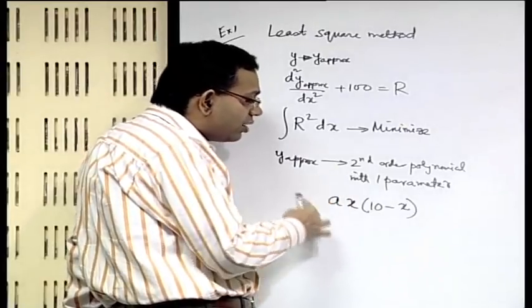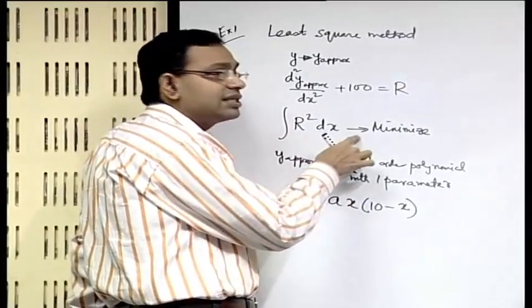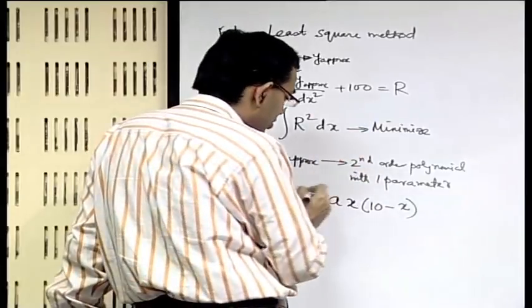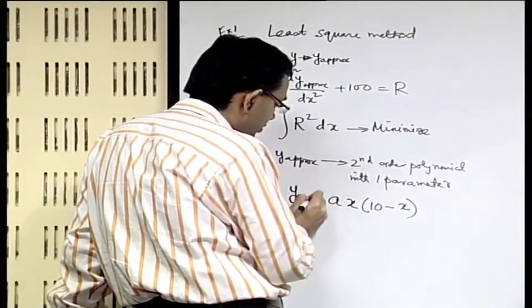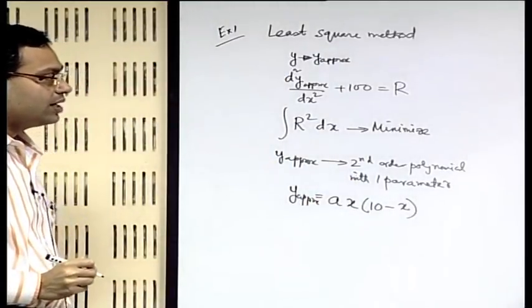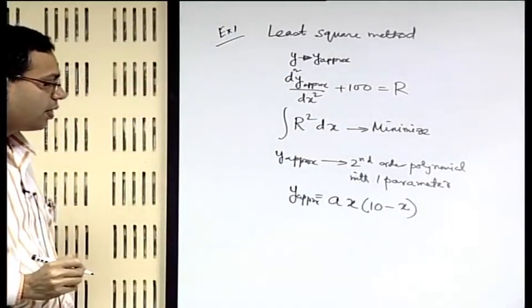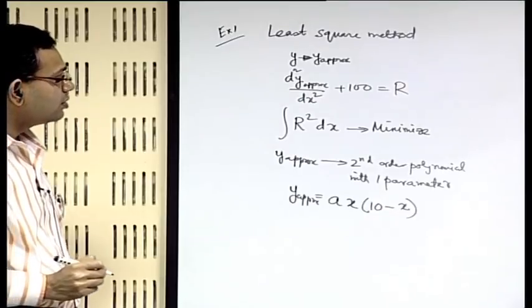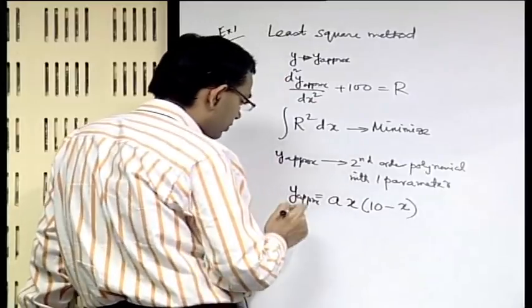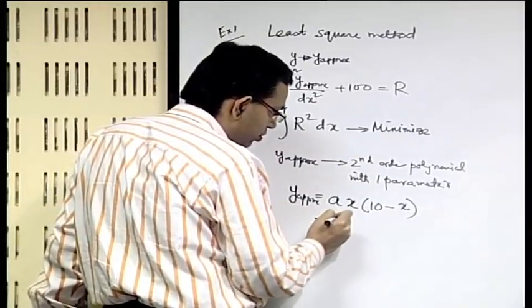You want to find out this a such that this is minimized. So, this is your y approximate. Once you have this y approximate, next is what is your r then. So, let us just open it up.